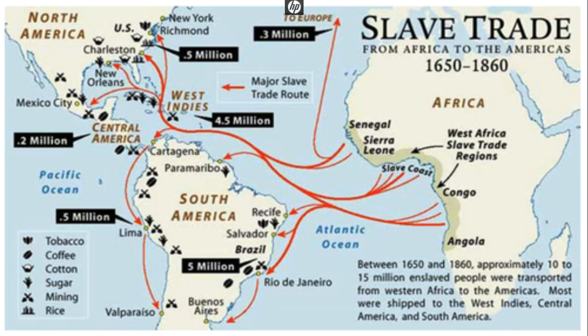The amount of slaves brought into the Caribbean is more than South America, Central America, and the Southern United States put together. 5 million slaves go to Brazil alone. And in fact, Brazil was the last country in the world to specifically outlaw slave labor. They did not do so until almost the 1900s.